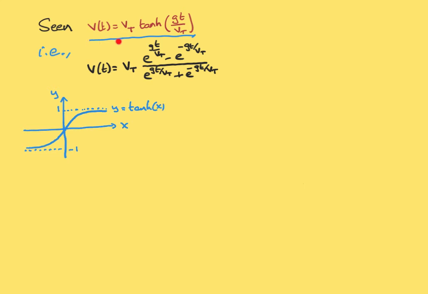And if we look at the solution written here, for large t, we're going to get the tanh of a large argument that's going to approach 1. So this will approach 1 multiplied by the terminal speed. So we see that for large t, v of t is going to approach the terminal speed, which is exactly what we would expect.